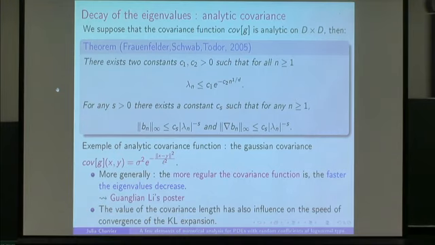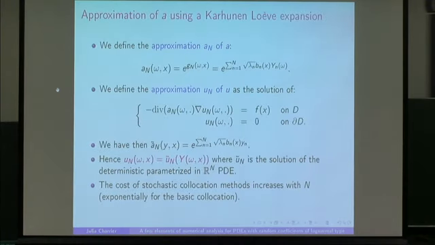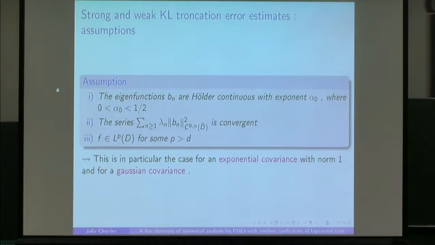It gives you, I think, optimal rates. Now, of course, to approximate A, we truncate the Karhunen-Loève expansion, and you compute the solution with the truncated sum.